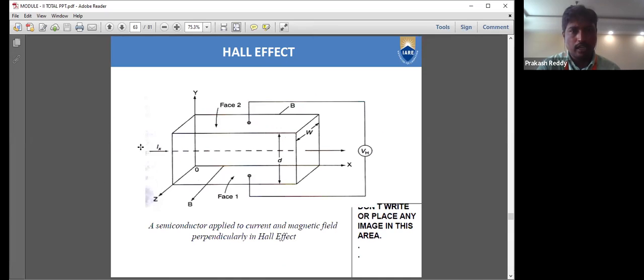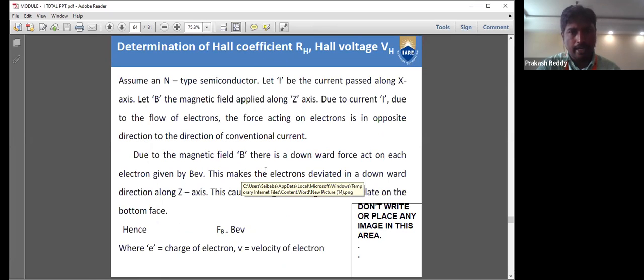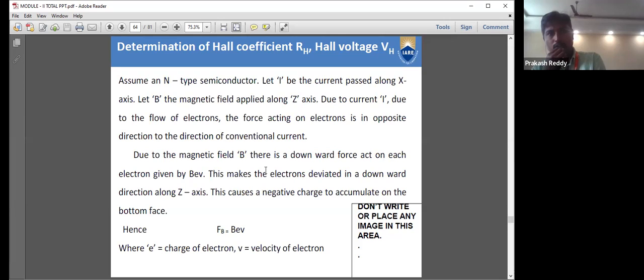Coming to the second slide, only a diagram, the same diagram. And the third slide, for this one also I'm going to give 10 seconds of time. Try to take it using the print screen option.